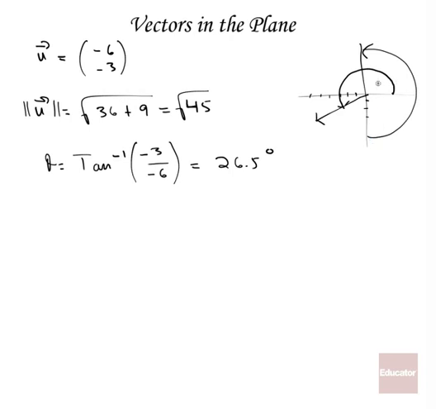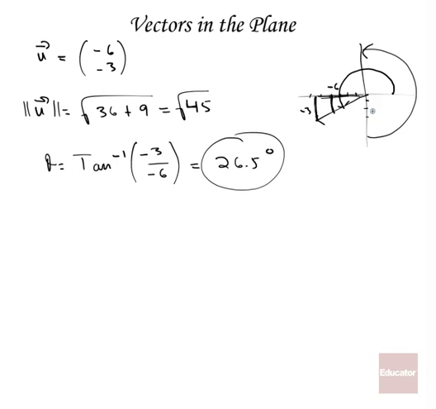So what this value represents, remember you're doing a tangent, so if you drop a perpendicular down to the x-axis, and it's always down to the x-axis, you never drop a perpendicular to the y-axis, this angle right here is 26.5. Remember, you're taking the arctangent of a distance, -3 over -6. Here is your -3, here is your -6. It's just a distance over a distance. That's what the calculator is calculating. So for all practical purposes, it's acting as if the angle is somewhere here.